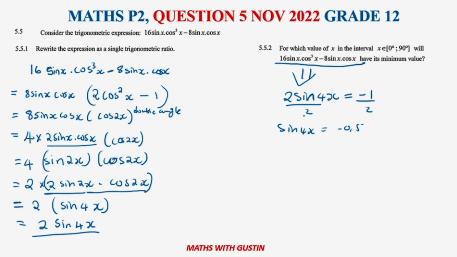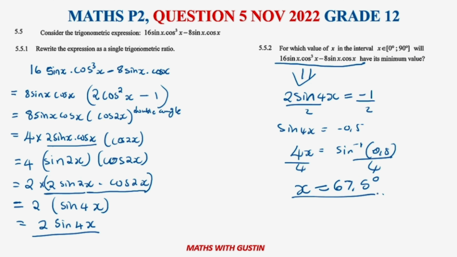So we are going to have a look at second function in our calculator, and we put on this negative half, which will give us, if we divide by 4, an x value of 67.5. So this would be our minimum value on this version.